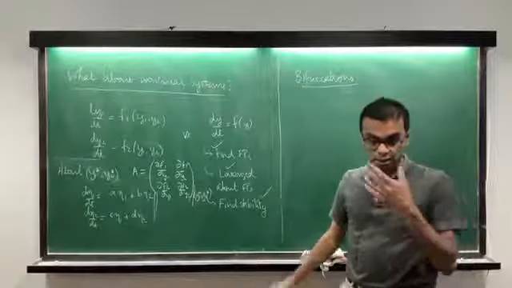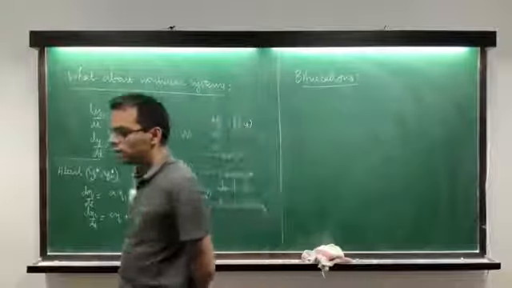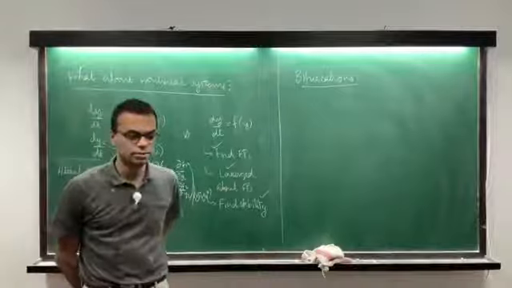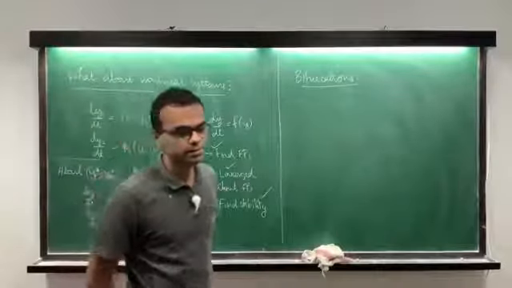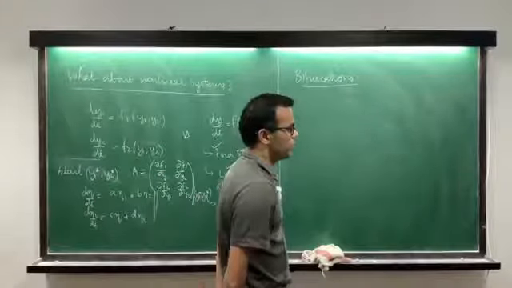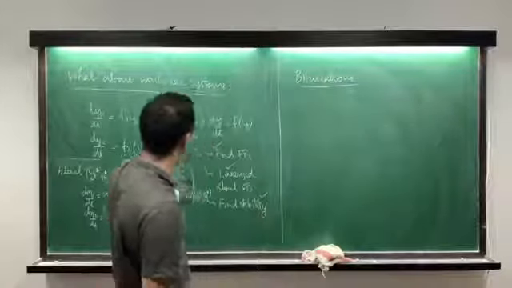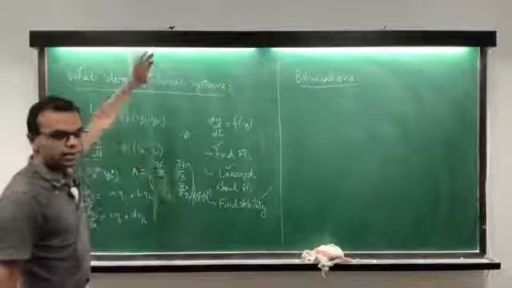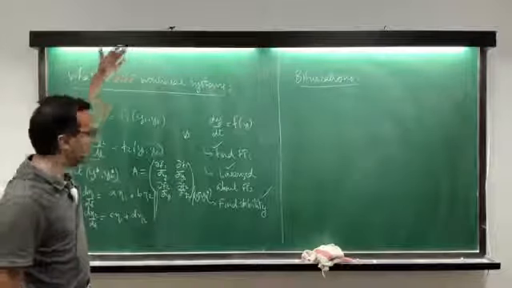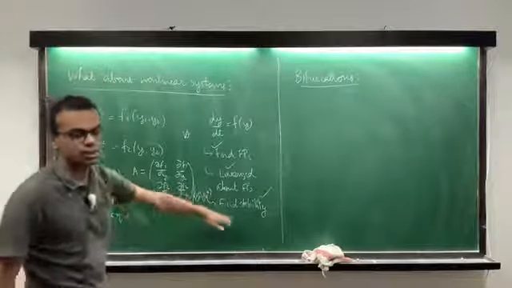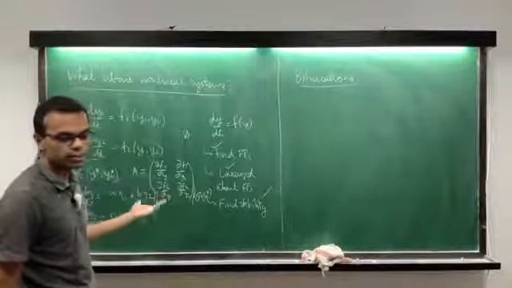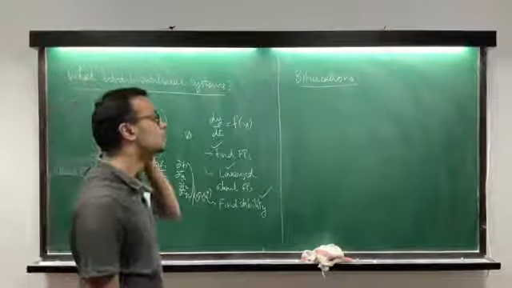This will essentially end our discussion of the qualitative stuff that you can do with nonlinear second order systems. And the reason we had to build up all this stuff for the linear second order system, even though we know how to solve it, is so that we could come and do the linearization and do this scheme for the nonlinear case. That's why we had to spend so much time to do this.